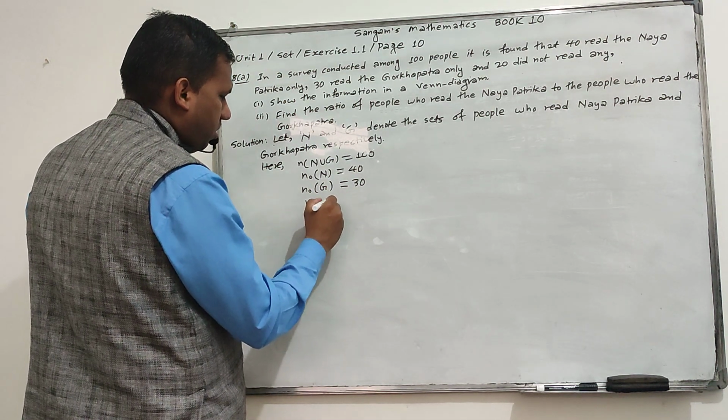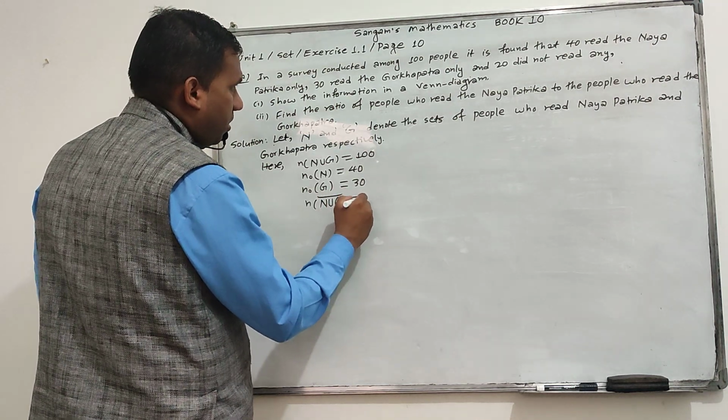Number of N union G whole complement is 20.